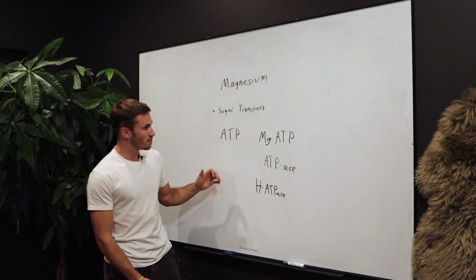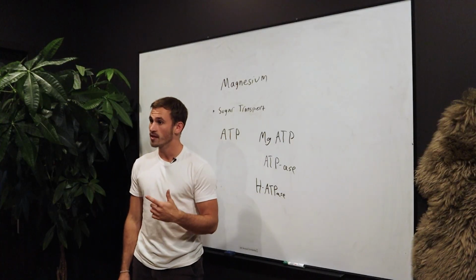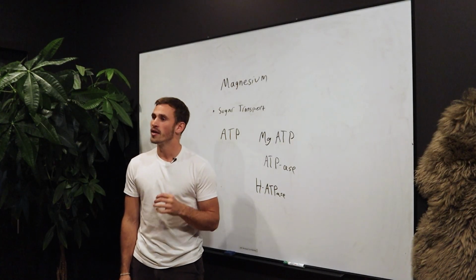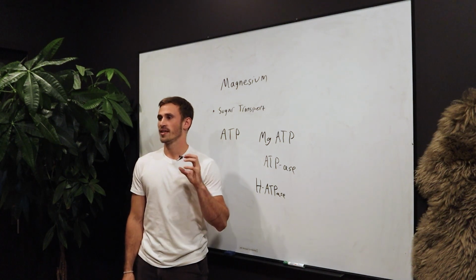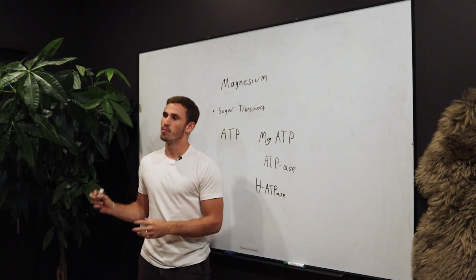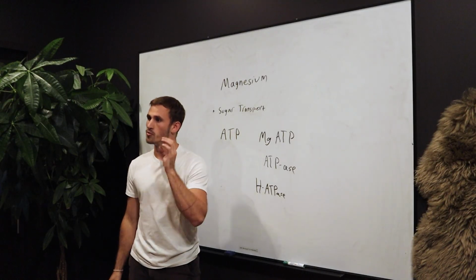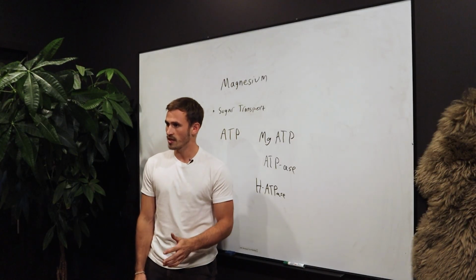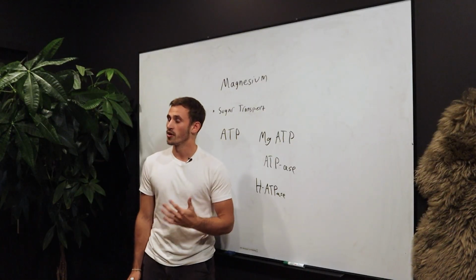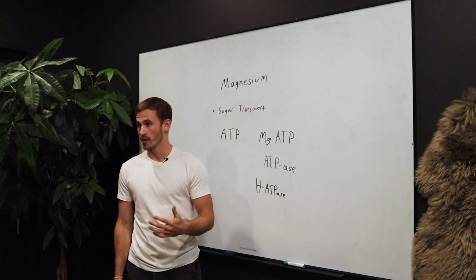And so magnesium, not only is it important for making those sugars as a key central atom in a chlorophyll molecule, it's also important for getting those sugars from the leaves where it's made and then putting it into the phloem to be moved around the plant. So that's the key piece with sugar transport and how magnesium is very important for sugar transport in the plant.